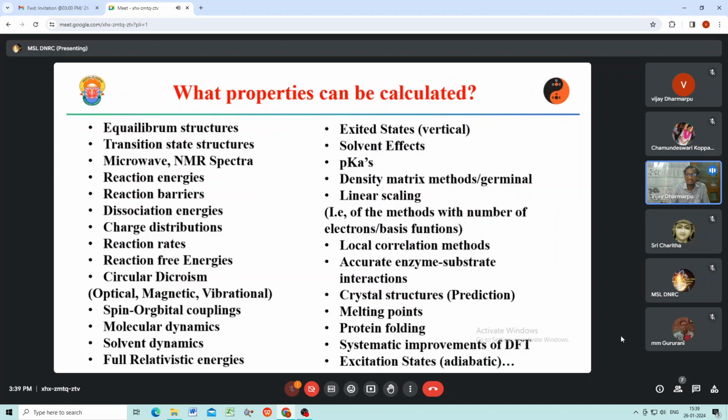We can change the different solvents also. All these properties and studies are already written into programs. We use those programs, and we can calculate these things. I have given only some examples. There are many properties we can calculate.